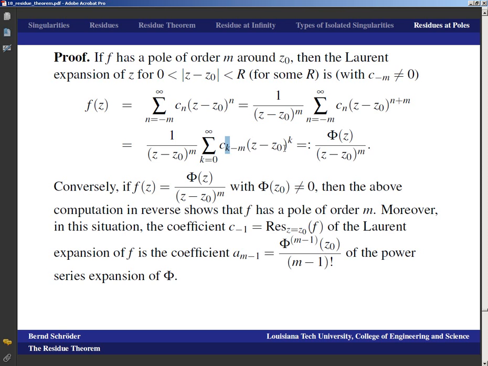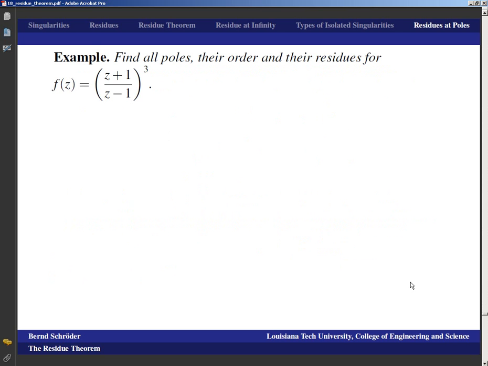And the coefficient in the power series of the power m minus 1 is actually the coefficient a_{m minus 1}, and the coefficient a_{m minus 1} of phi is the m minus first derivative of phi at the point of expansion divided by m minus 1 factorial. Alright, that is just one of those where you just have to really deal with the index shift. But it wasn't that bad, and well, now let's see how this one works.